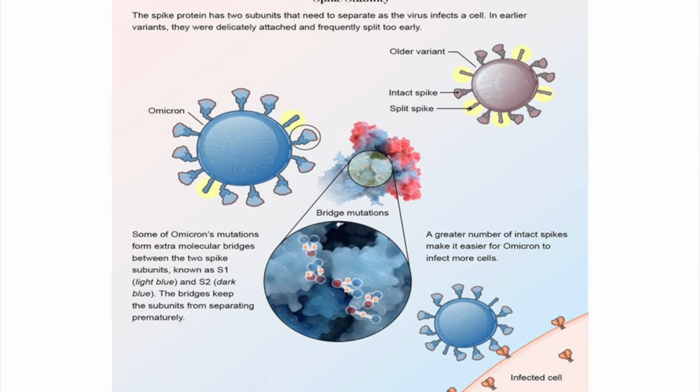The left side, the blue virus, shows the spikes, and the spikes are, first of all, considerably greater in number, and they've also changed their shapes. Some of the Omicron's mutations form extramolecular bridges between the two spike subunits.